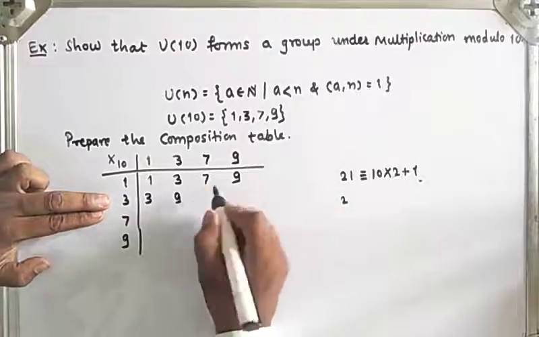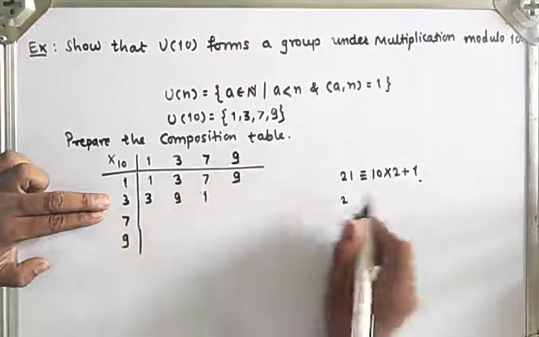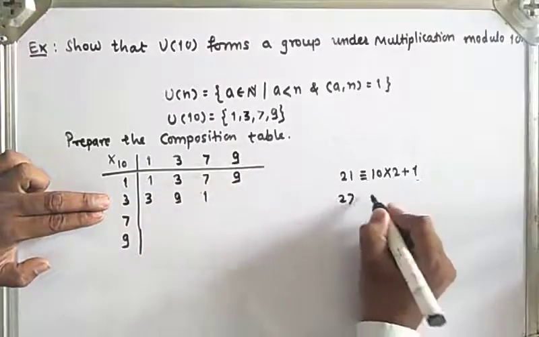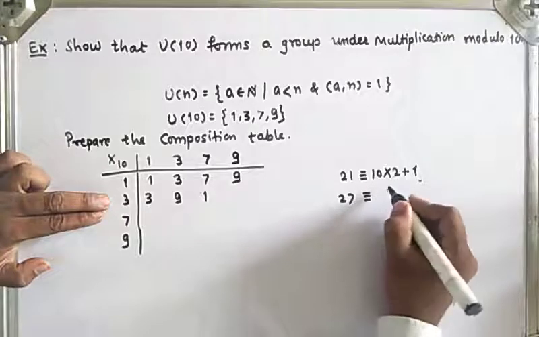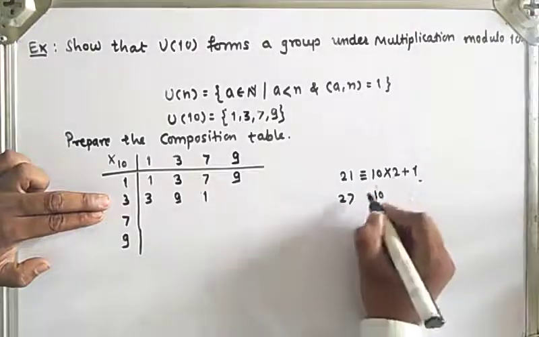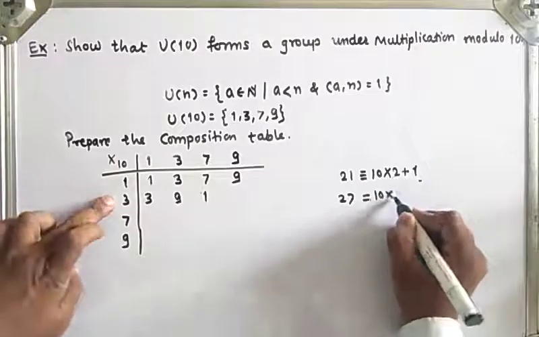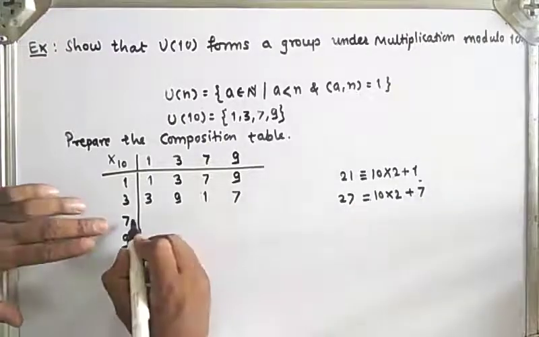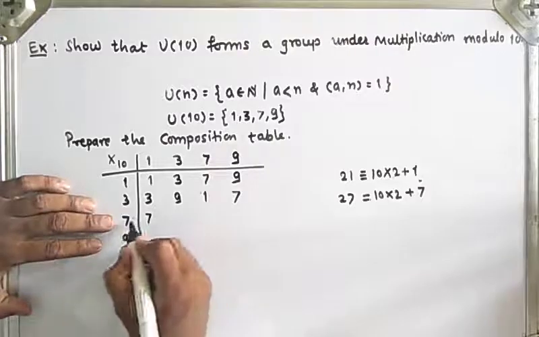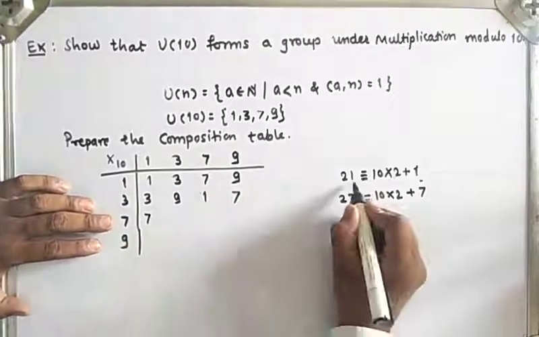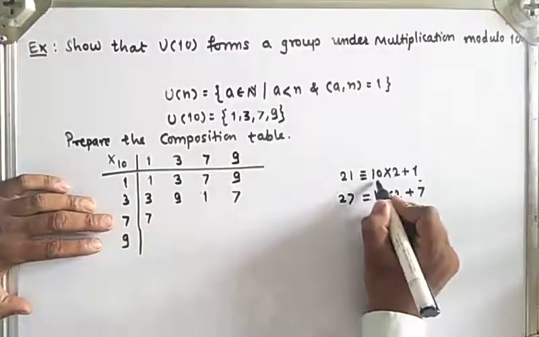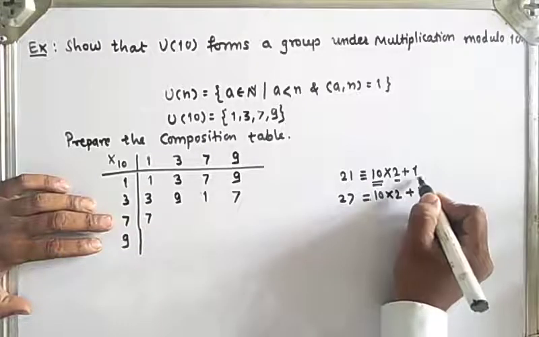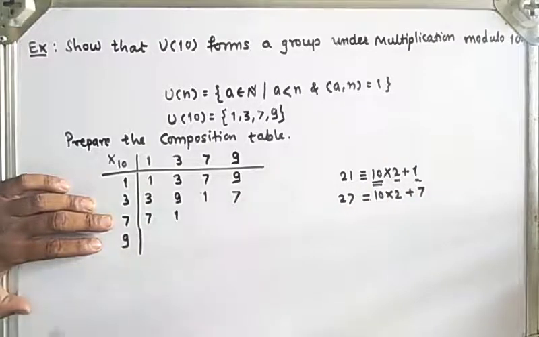So here is 1. Next 3 into 9 is 27. When divided by 10, the quotient is 2 and the remainder is 7. So this is 7. Next 7 into 1 is 7, 7 into 3 is 21. 21 when divided by 10, the quotient is 2 and the remainder is 1. So 1 is the remainder.